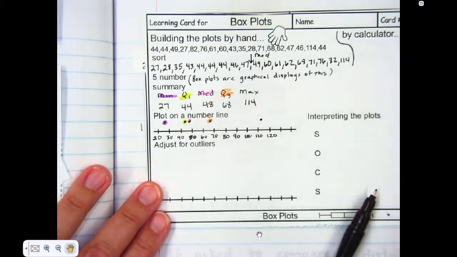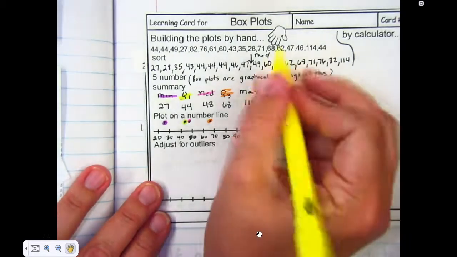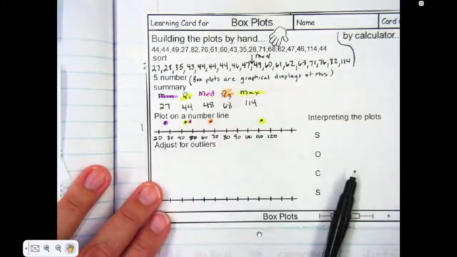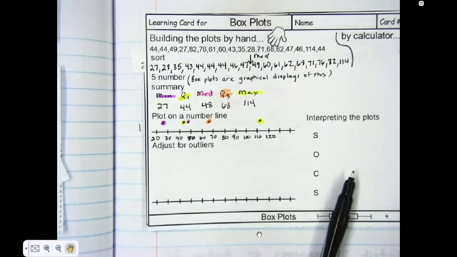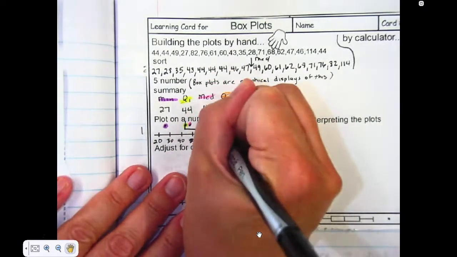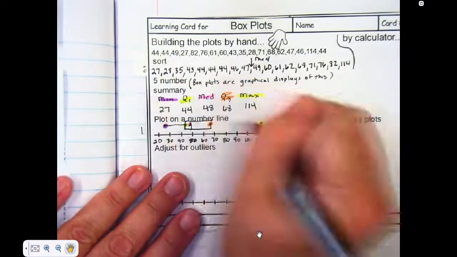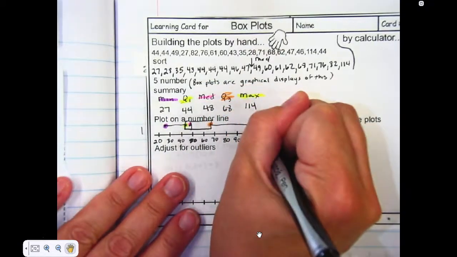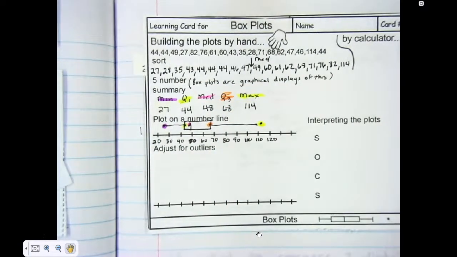It's almost embarrassing. Oh, I haven't used yellow. Then my maximum value is right there. So what you do is you box your quartiles, you make a line through the median, and then lines out. Okay, there's my box plot.